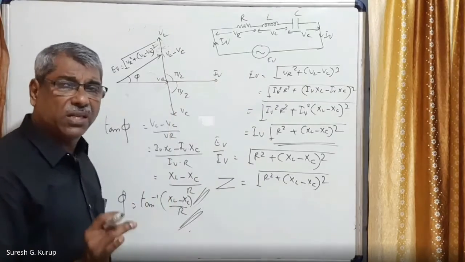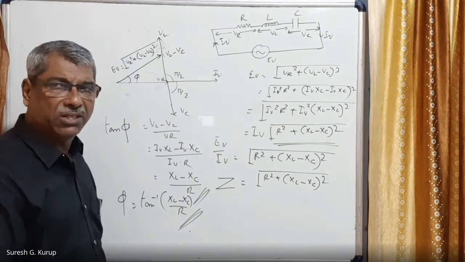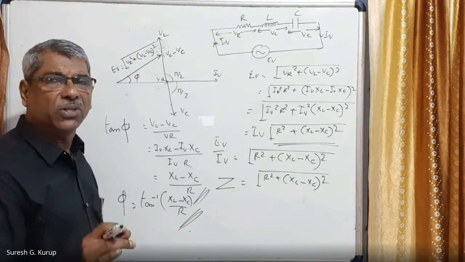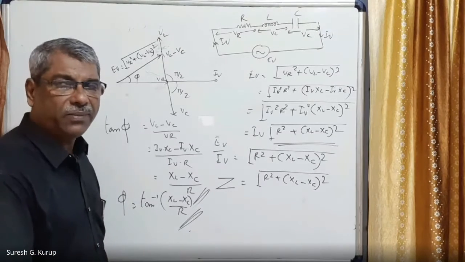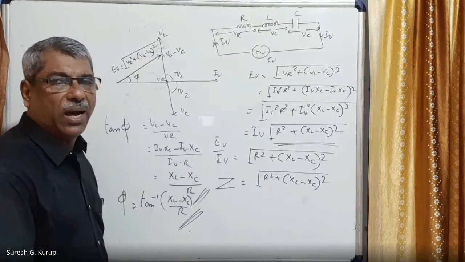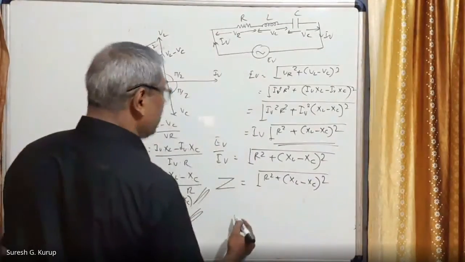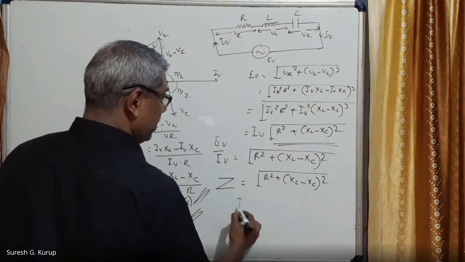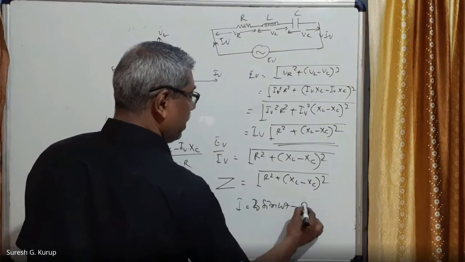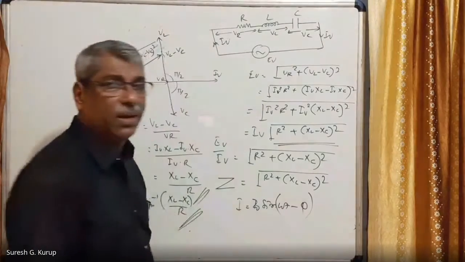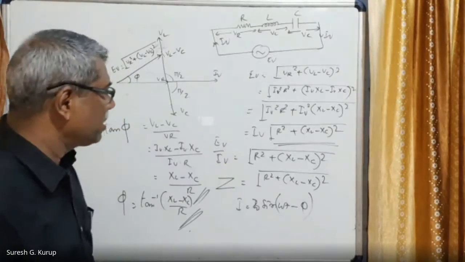If voltage is represented by the instantaneous value E is equal to E0 sin omega t, then current can be represented as I is equal to I0 sin(omega t minus phi). So the relation for current I am writing here is I is equal to I0 sin(omega t minus phi). Am I correct? So this is the condition.